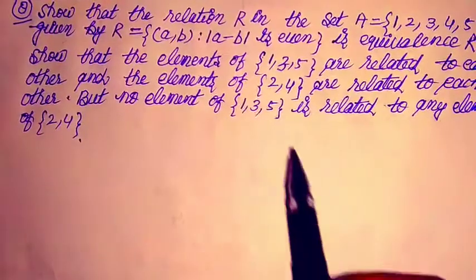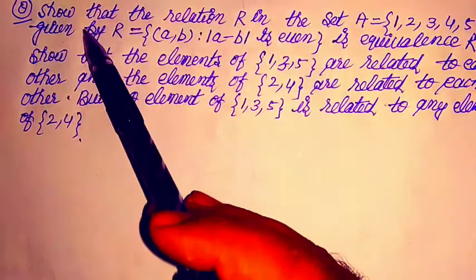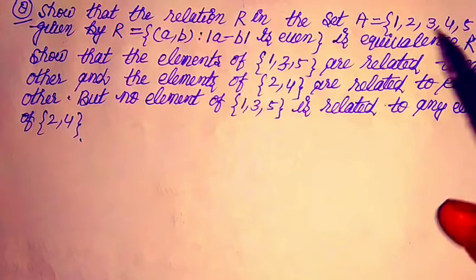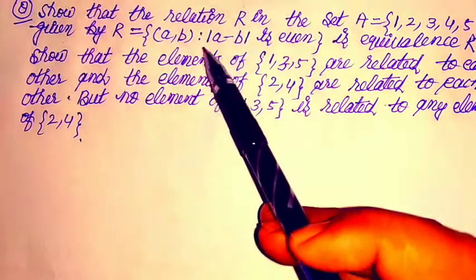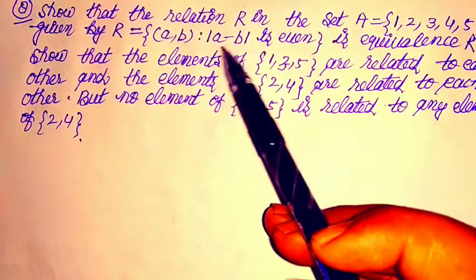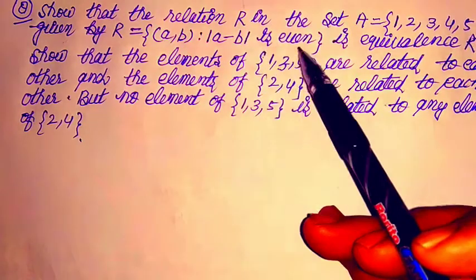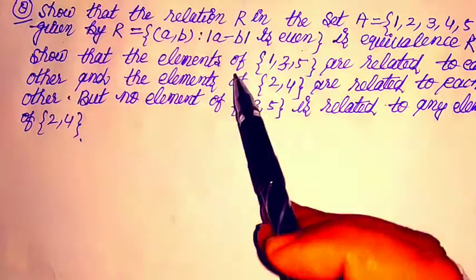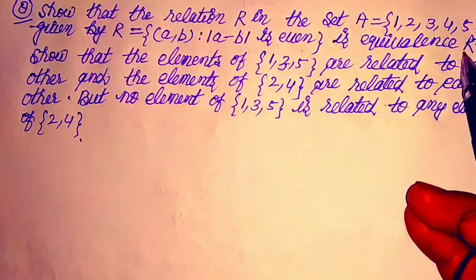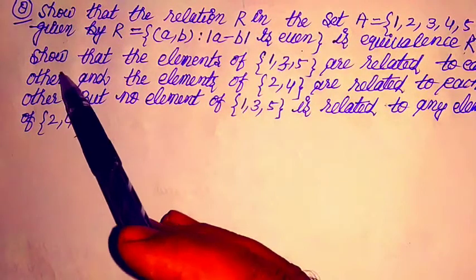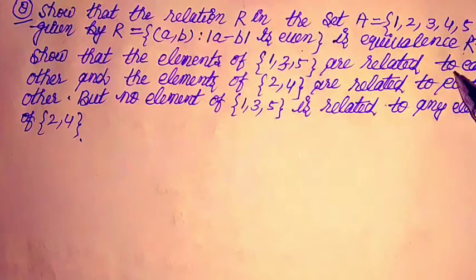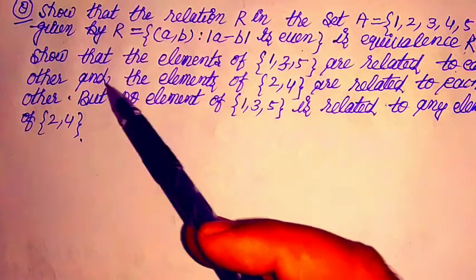Let's see question number 8 here. Show that the relation R in the set A given by |a minus b| is even is an equivalence relation. So first we need to show that it is an equivalence, and thereafter the second part is to show that elements of {1, 3, 5} are related to each other, isn't it?